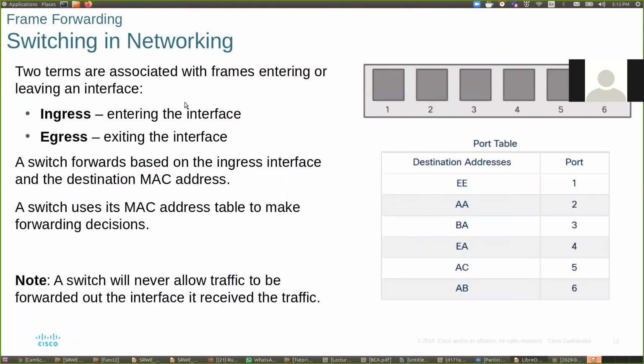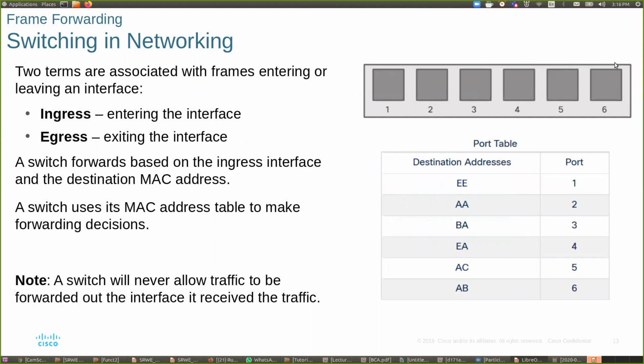So you have a term called ingress and egress. Ingress is the entering interface and egress is the exiting interface. But every switch maintains a table called a MAC table. Some will call it a CAM table.